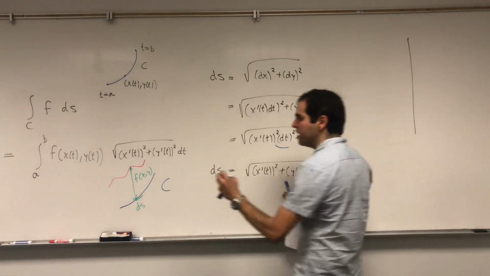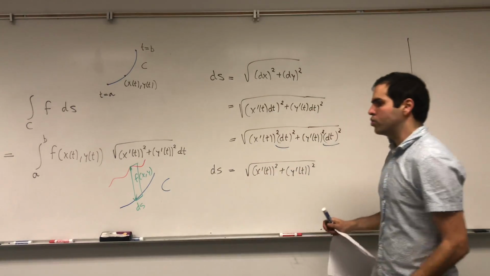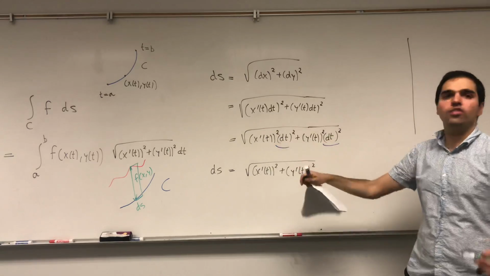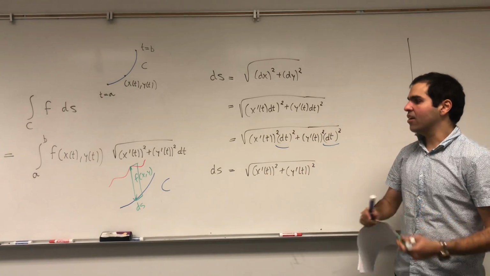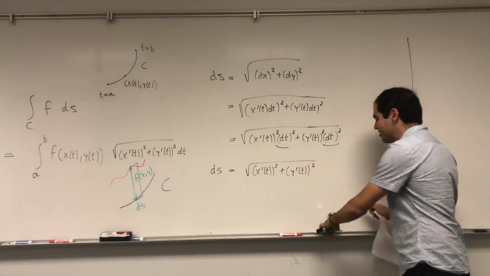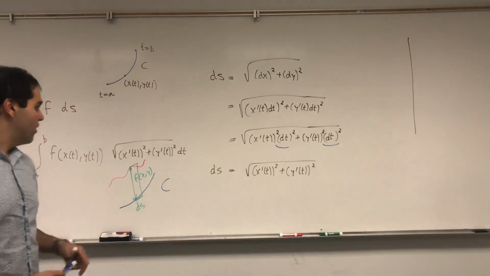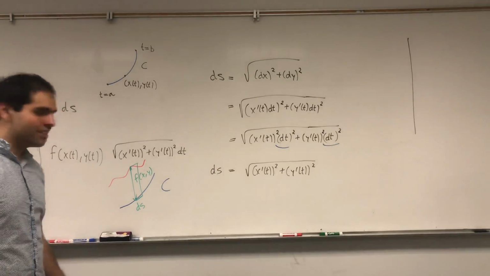It gives you this little rectangle which is close to the area, and then you're just summing up those little rectangles, which is why you actually get an integral which represents the area under that fence, in some sense.